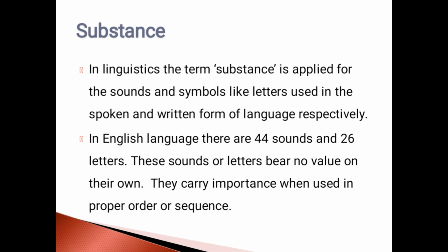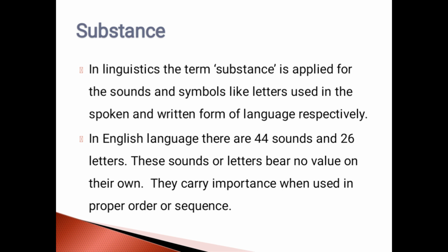Linguistically, there are these two components, substance and form. Substance is the term applied for the sounds and symbols like letters used in the spoken and written form of language respectively. In the English language, there are 44 sounds and 26 letters.